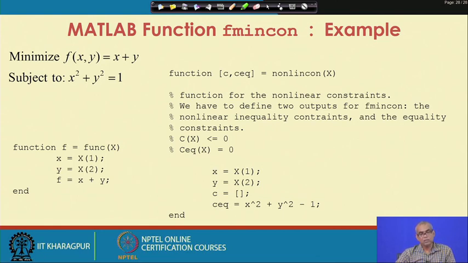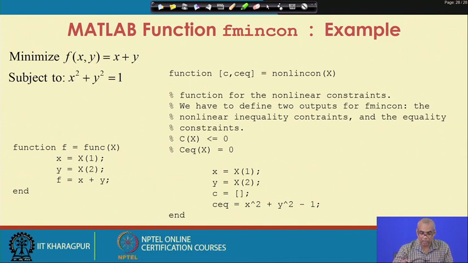I have only nonlinear equality constraints. I do not have linear inequality constraints, I do not have linear equality constraints, I do not have nonlinear inequality constraints, I have only nonlinear equality constraints.